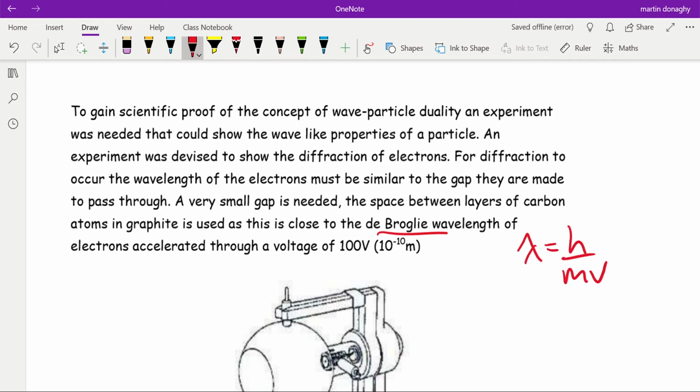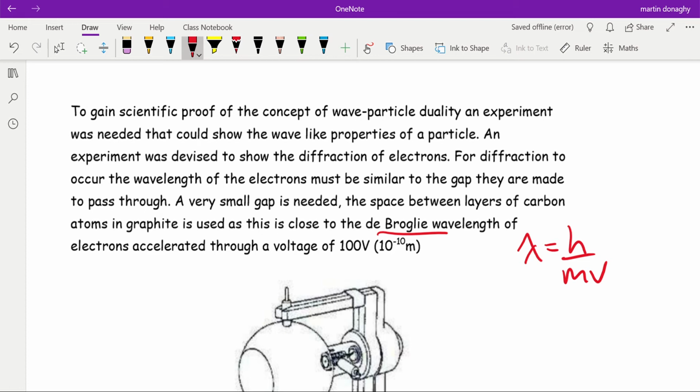Then we need a gap, if you remember, for diffraction, where the wavelength is roughly the same size as the gap. Now that gap's quite small for these electrons traveling at those speeds. So instead of using a diffraction grating or a tiny little slit for them to pass through, we just use a mesh of atoms. We use carbon atoms in graphite, and the gap between the carbon is of the right amount to get the expected diffraction.